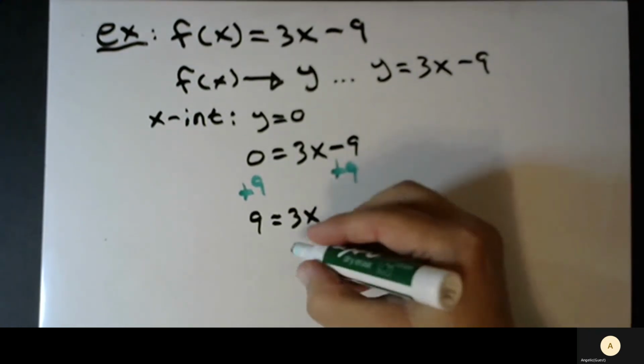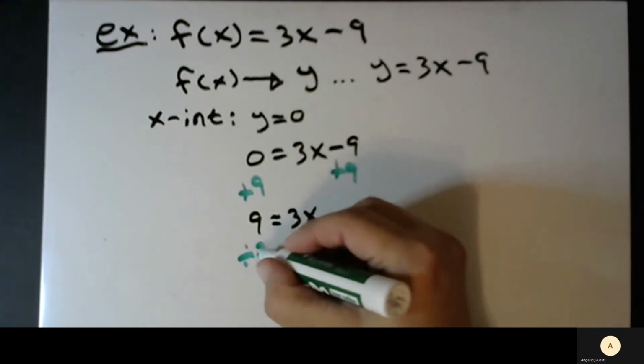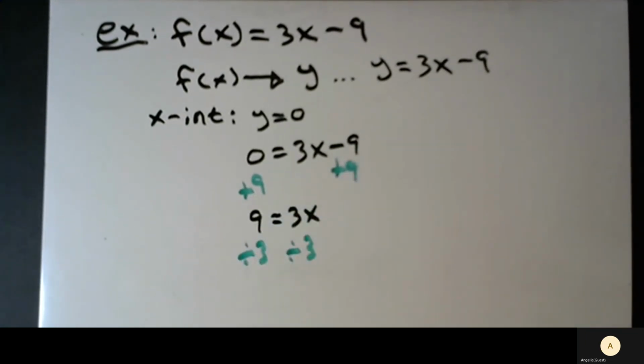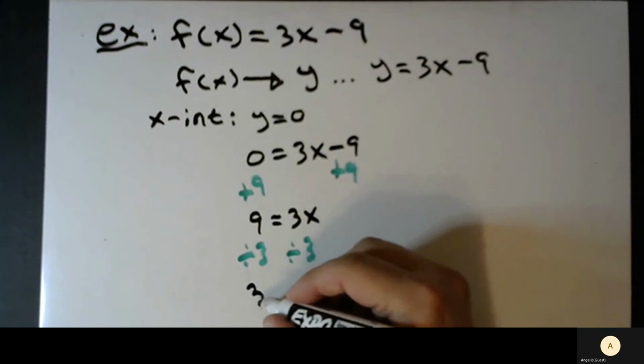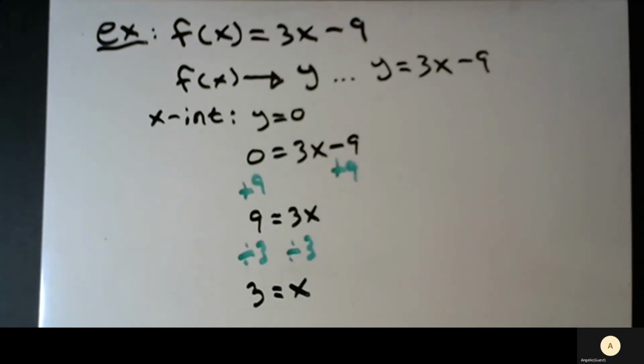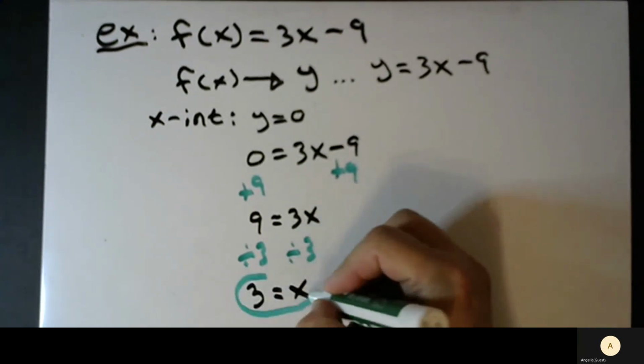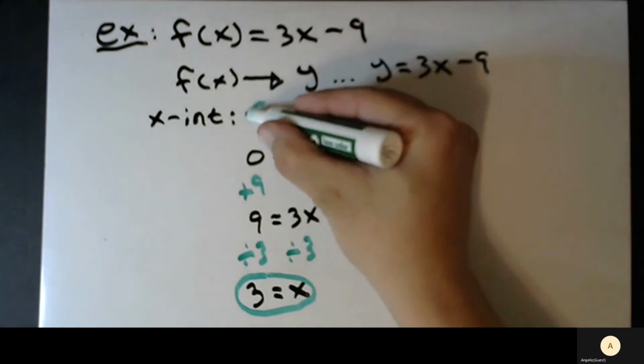And we divide by 3. And so we get 3 is equal to x. So we've got 3 equals x. We started out with y equals 0.